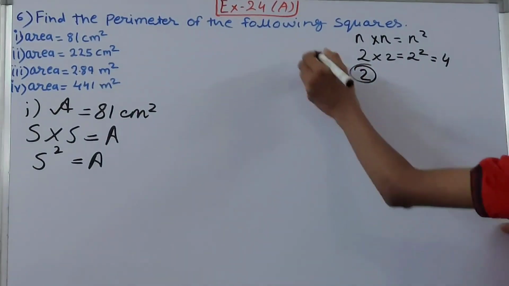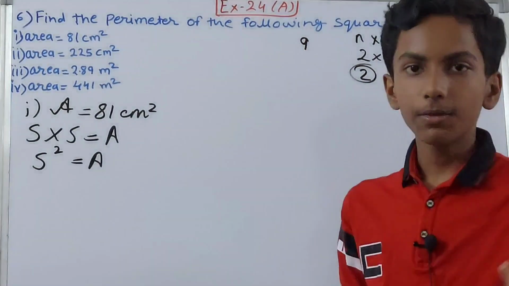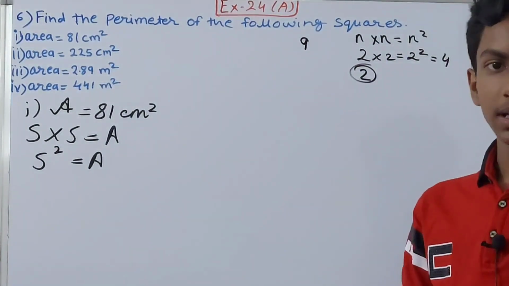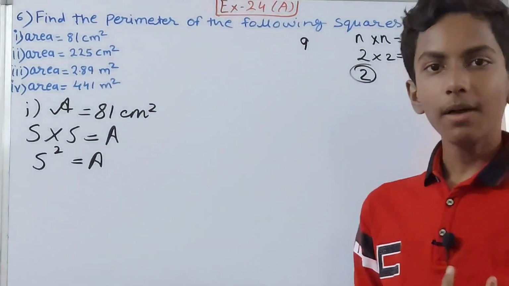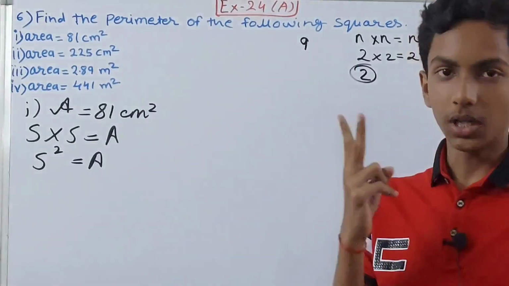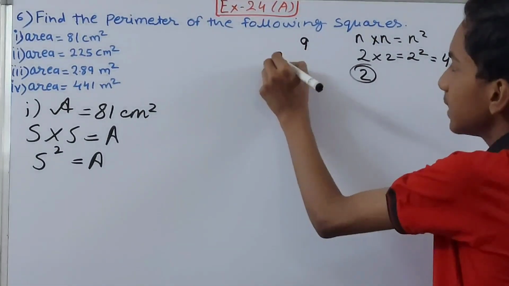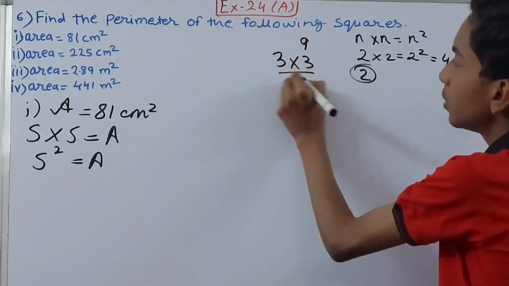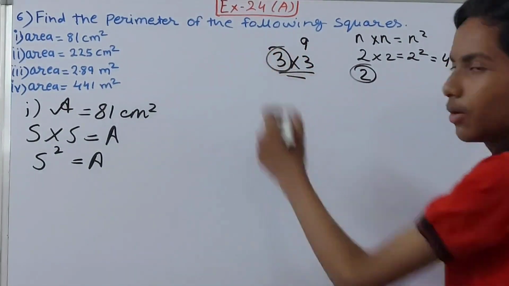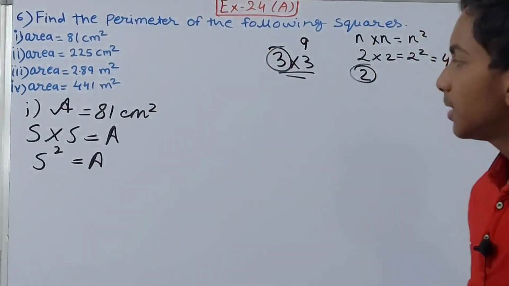Because let's say if I have 9 and I have to find the square root of 9, then we have to see by what number, if we multiply that number by itself two times, we get this number. That is 3 into 3. So 3 will be the square root of our number, that is 9.